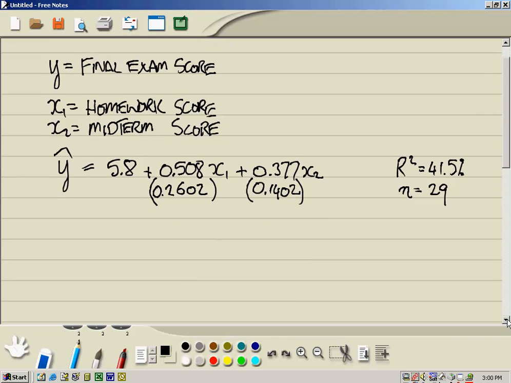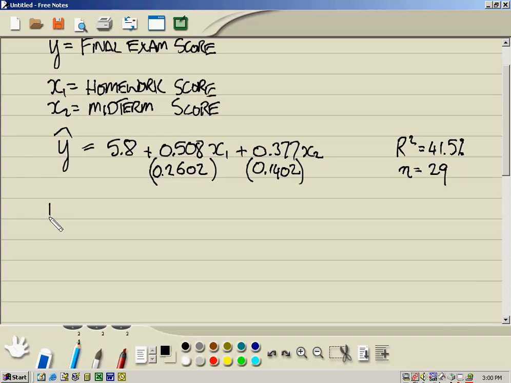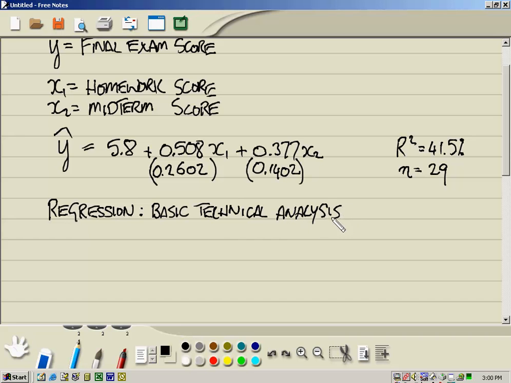Alright, so we're going to do technical analysis in the proper order. Let's just give it the title here: multiple regression, the basic technical analysis. Alright, what are we going to do, of course, in the basic technical analysis?